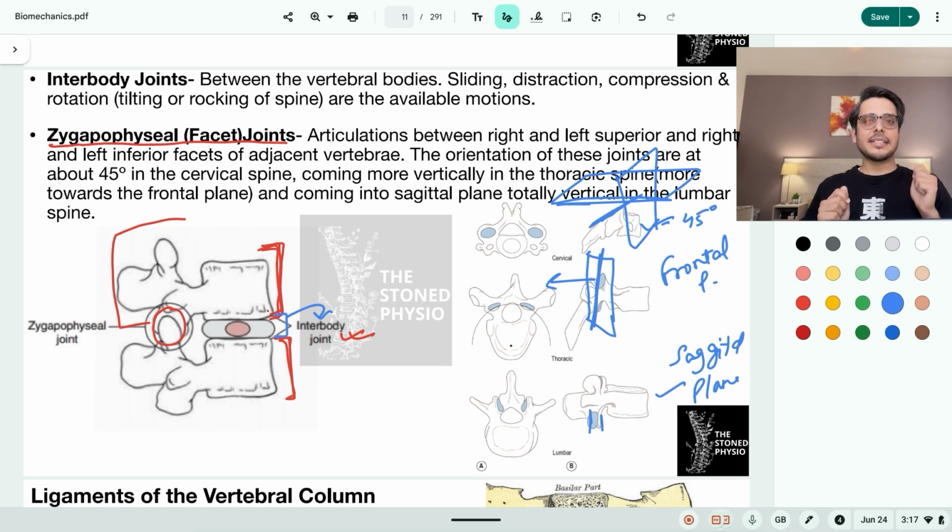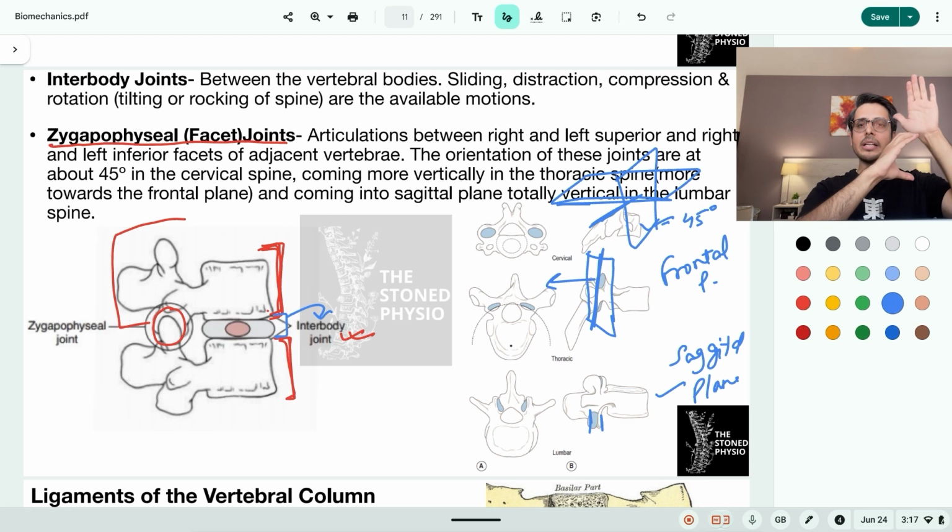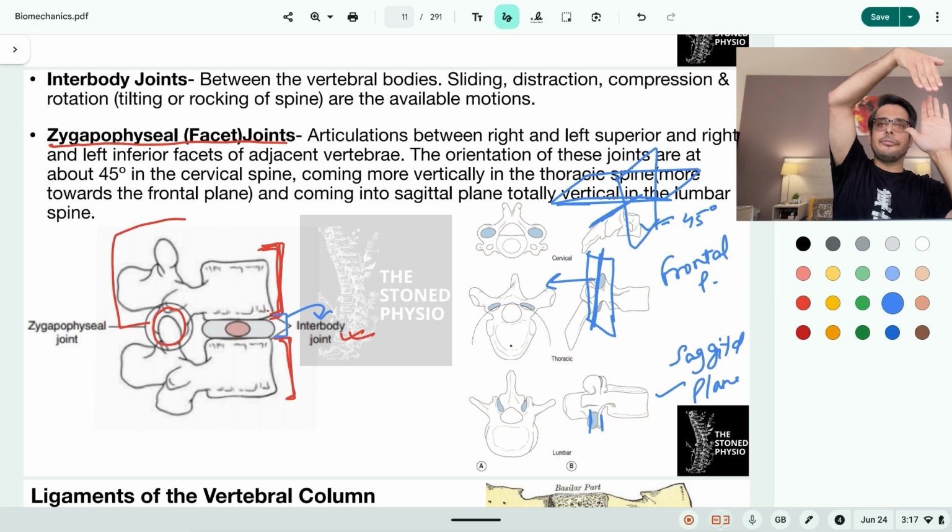If we apply the same concept in the thoracic spine, as I discussed, the orientation of the facets in the thoracic spine faces mostly forward like this. Let's say this is T4, and the superior vertebra, T3, is facing like this forward, and the inferior vertebra T4 is facing like this.